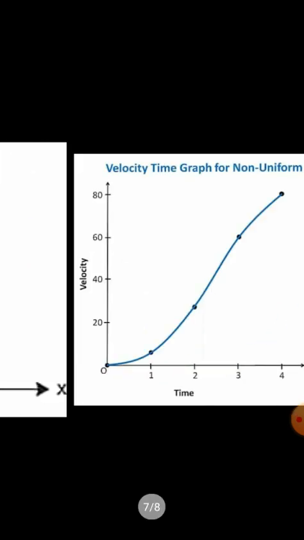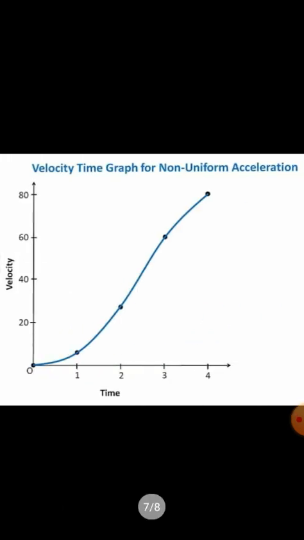I think now you will be able to tell what is represented by this graph. Is it a straight line? No. So here the object is not having uniform acceleration. The velocity time graph is a curve and this represents non-uniform acceleration.